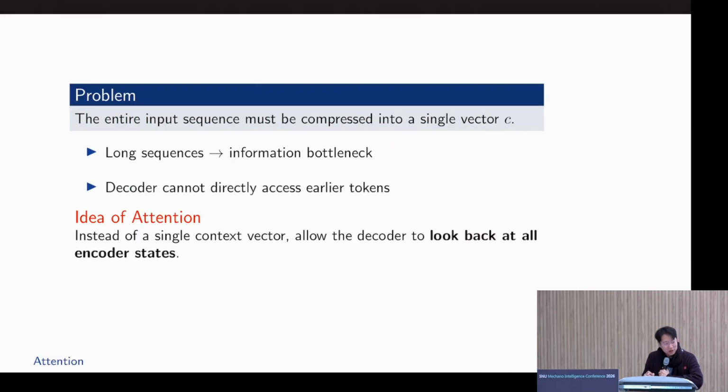One problem here is that the entire input sequence must be compressed into a single vector C. If you have an extremely long sequence, say you are uploading a 10,000 page PDF file, a textbook or something, into ChatGPT, or you want ChatGPT to review your project report, which is about 20 pages or something, it's going to be a very, very long sequence.